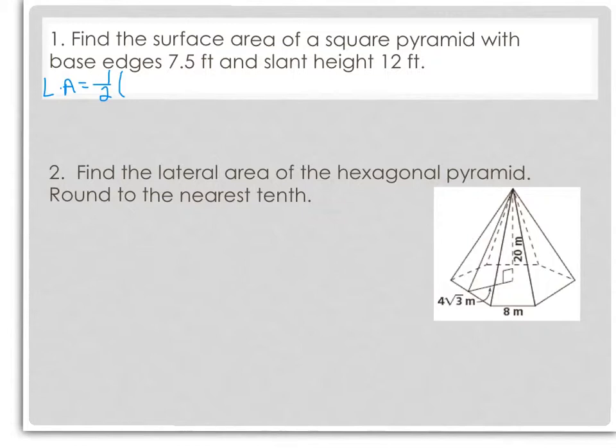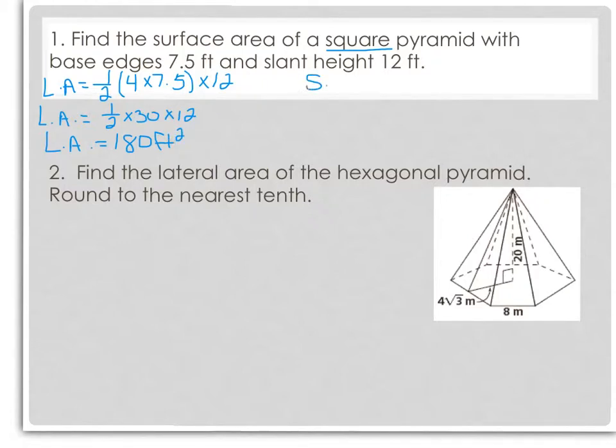So if it's a square, remember all the sides are the same, so there's 4 of them and they're each 7.5, and then times our slant height of 12. So lateral area equals 1/2 times 30 times 12, or our lateral area is 180 feet squared.